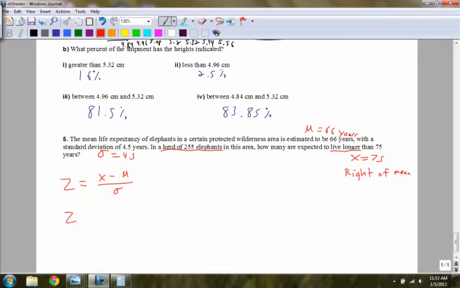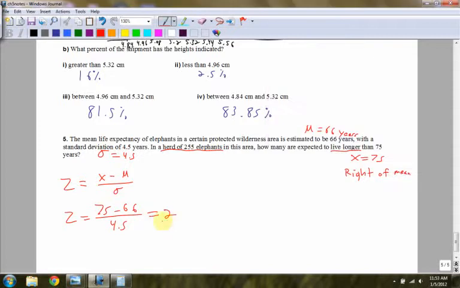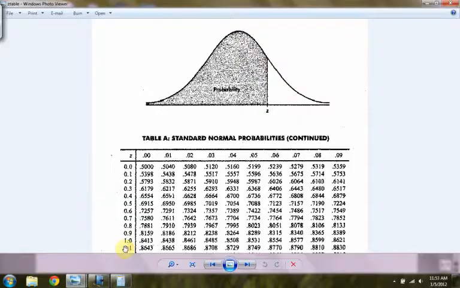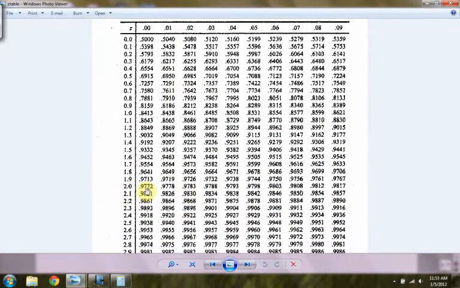So we have z equals 75 minus 66 divided by 4.5, which is equal to 2. Our z value is 2, which means we look on the positive z chart at 2.0, which is 0.9772.